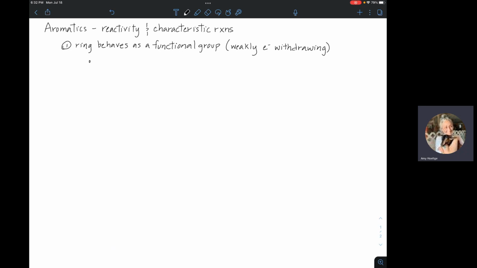And so a few reactions that we can think of, we could reduce the aromatic ring, so catalytic hydrogenation. Now, because these are not as reactive as your garden variety alkene or alkyne, you're going to need some harsher reaction conditions, like maybe increased pressure, increased temperature, maybe doing this under acidic conditions.